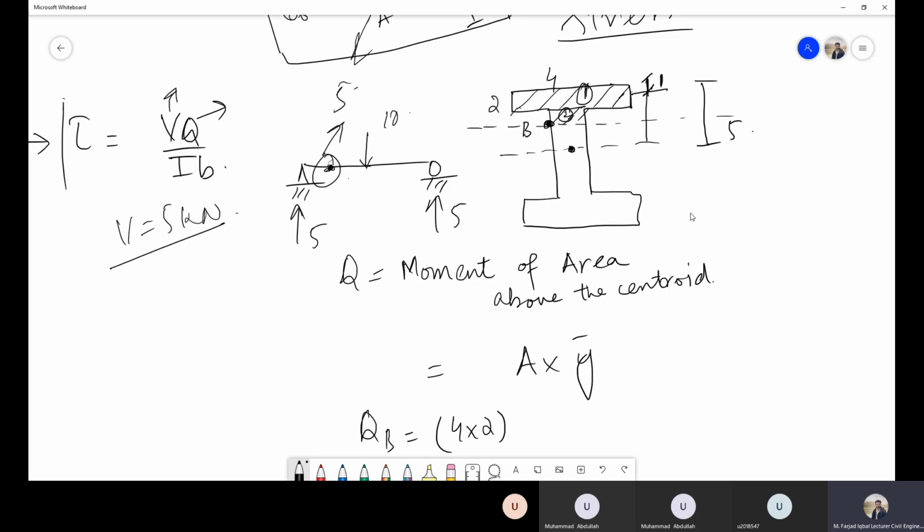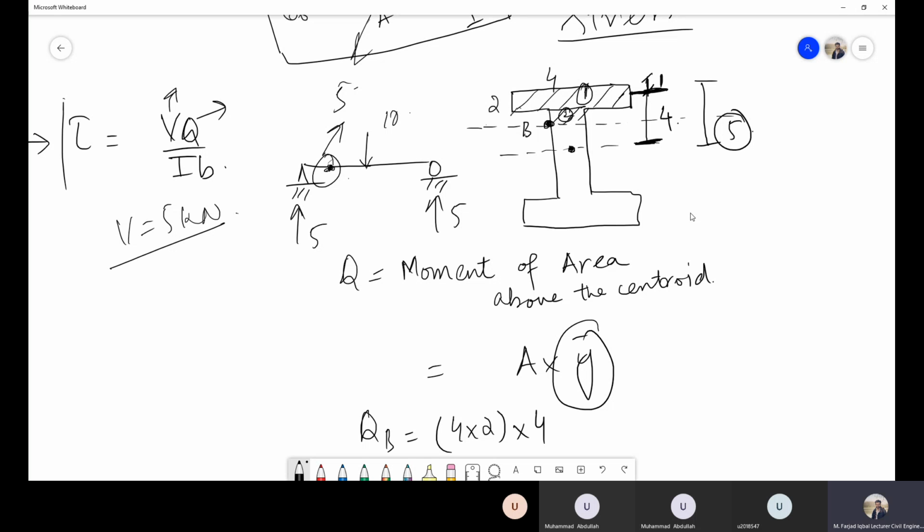And what will be this y dash distance? Y dash distance is the distance from the centroid of this area to the centroid of the whole shape. So for the centroid of the whole shape, the distance is 5. So I want to know this particular distance from the centroid of this shape to this point. And what will be this distance? That will be 4.